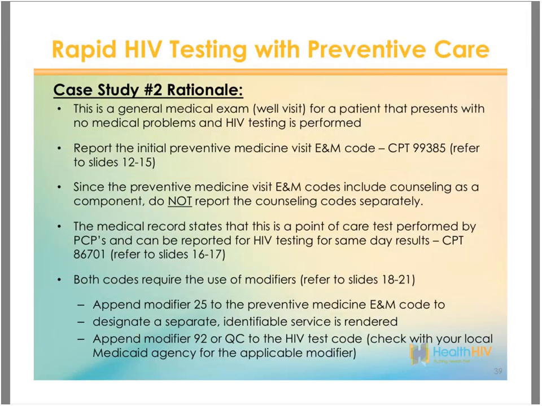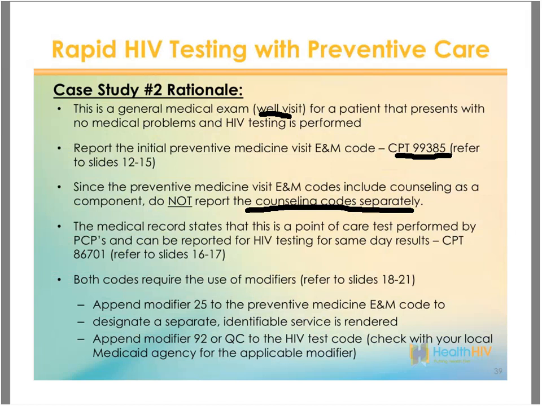Here's the rationale for this scenario. So this is a general medical exam, also known as a well visit. So we use the 99385 because this was a new patient visit. We also mentioned on the preventive medicine slides that counseling is included in preventive care, so you should not be reporting counseling services separately.